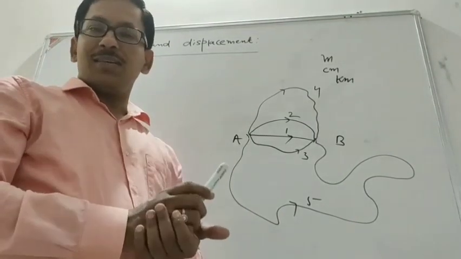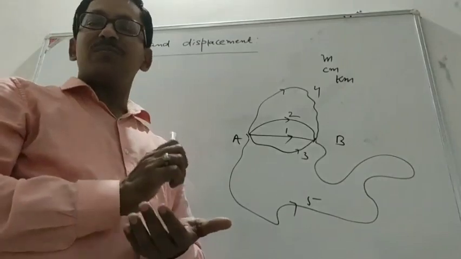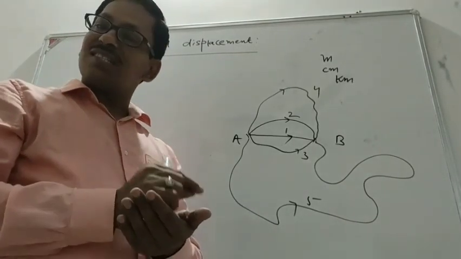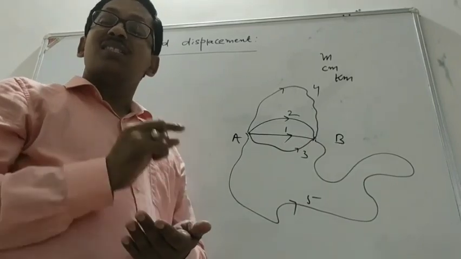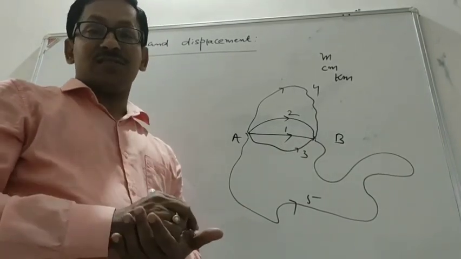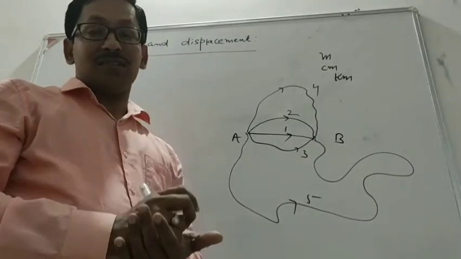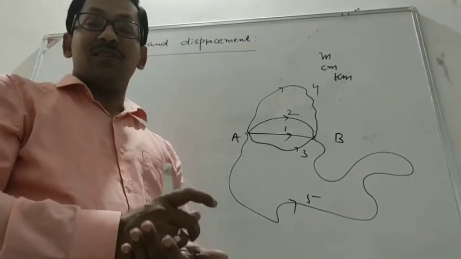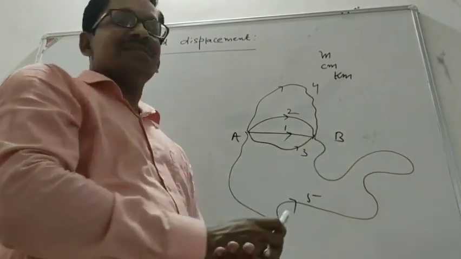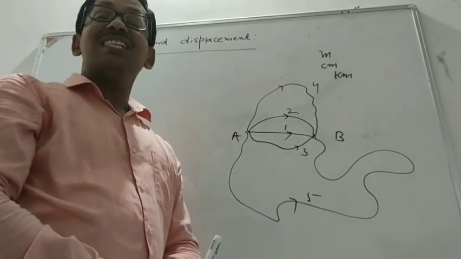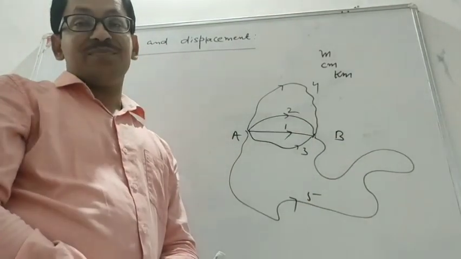In another way, you can say displacement is the distance travelled by the body in a specific, particular direction. Whenever you are finding the displacement, the body is going straight. There is no change in direction.